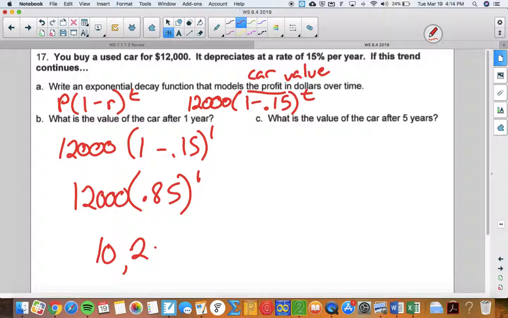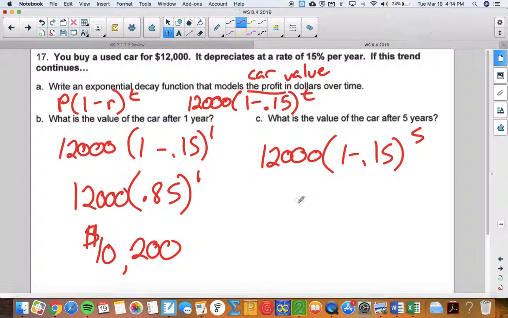What's the value of the car after 5 years? Again, every single year I lose that 15%. So you could either type in what I just wrote in, or you could do this. They both will give you the same answer.